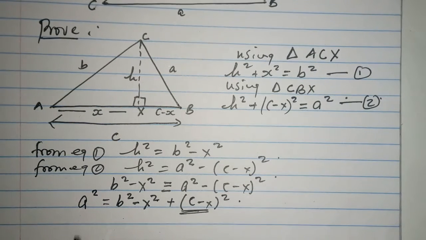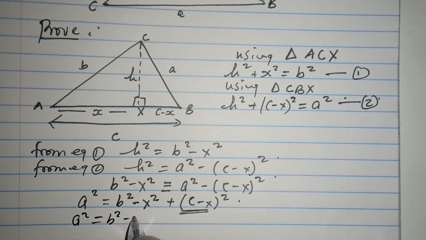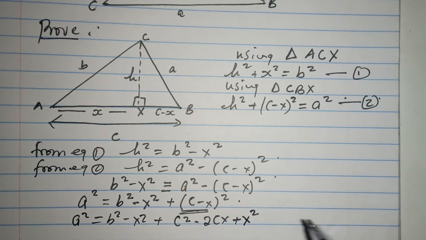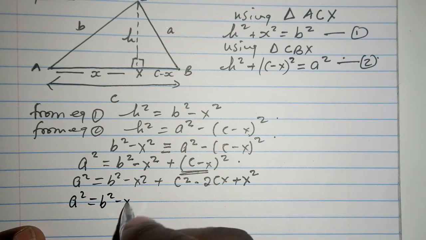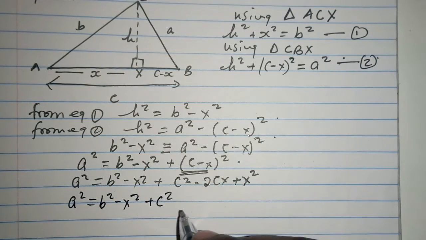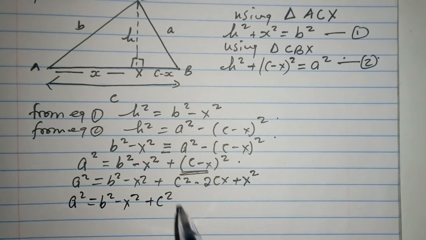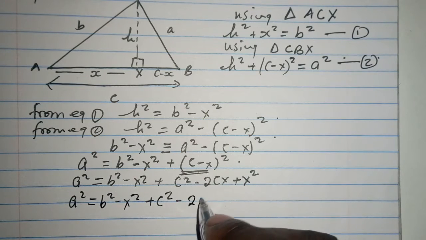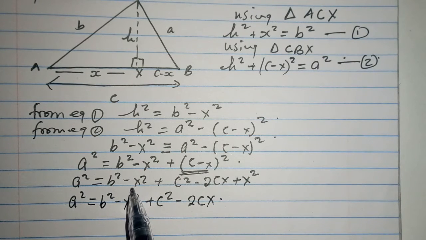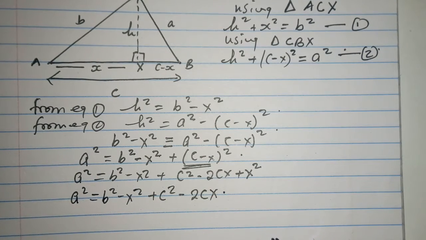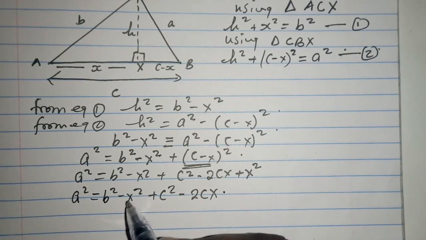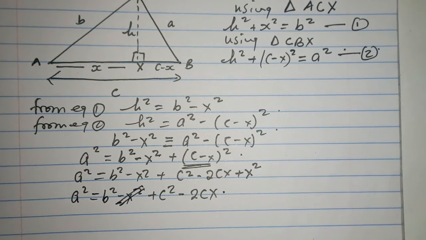Expanding that part gives a squared equals b squared minus x squared plus c squared minus 2cx plus x squared. You realize that minus x squared cancels with plus x squared, so x squared is not there anymore.